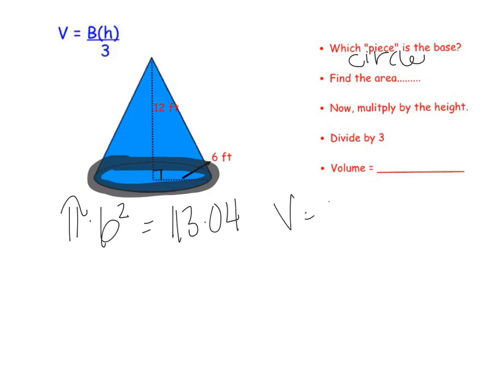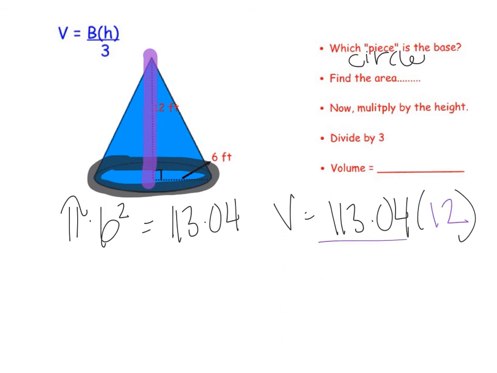So let's plug that into our formula. Volume equals 113.04 times the height of our cone. And again, very similar to our pyramid, height is from the very tip of the cone down to the base. So in this example, our height is 12. We're going to take that answer and divide by 3. So 113.04 times 12 divided by 3.